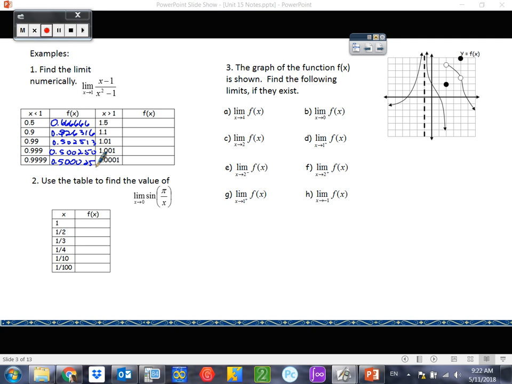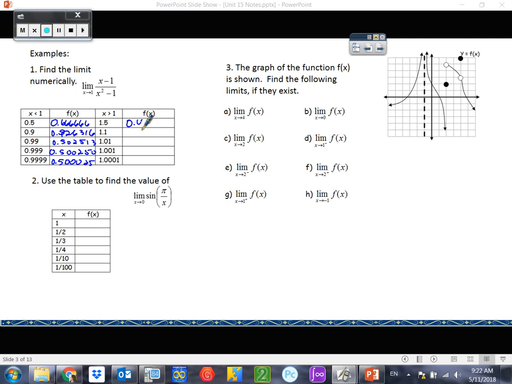I think we can tell this number pattern right here coming from the left. It definitely looks like it's approaching a half, doesn't it? I mean, that's a pretty clear numeric pattern. And that's why what we do with numeric limits, doing them numerically, is we're looking for a numeric pattern. That's our goal.